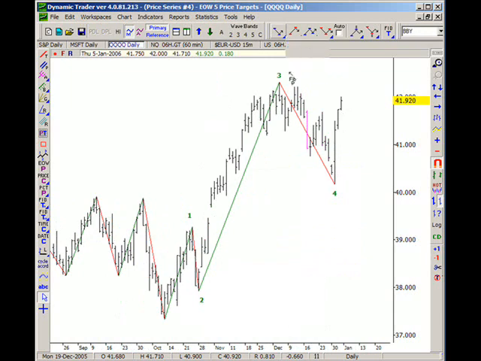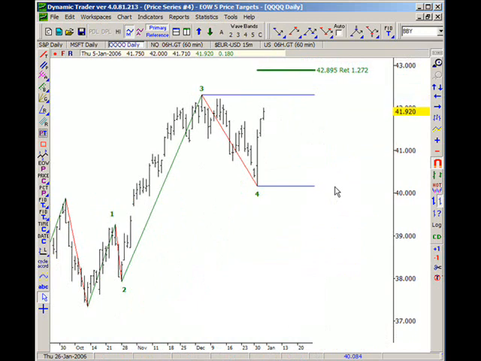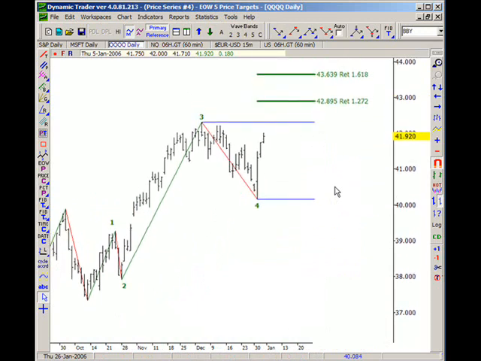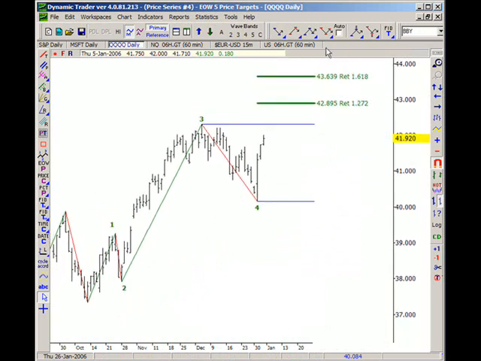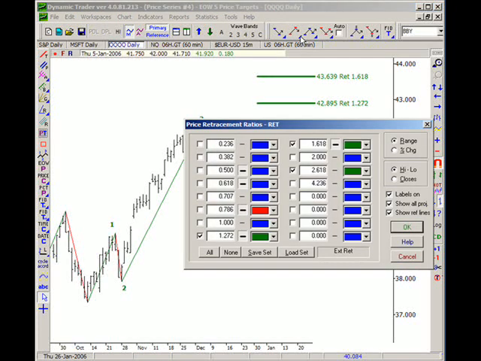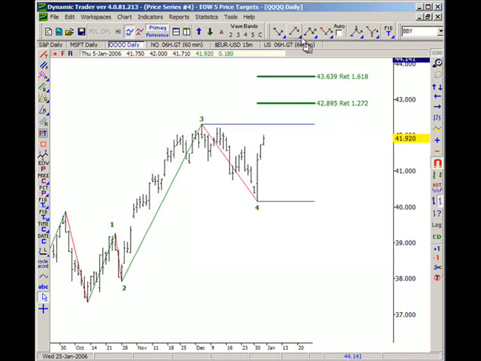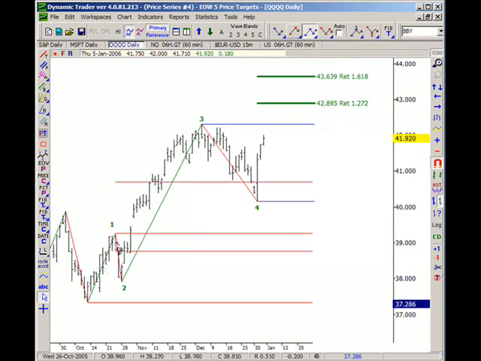So let's do the external retracements of 4. Got those on. And we have the 127%, 162% external retracement of 4. Let me get the right one. Sorry. 100% alternate price projection of 1.